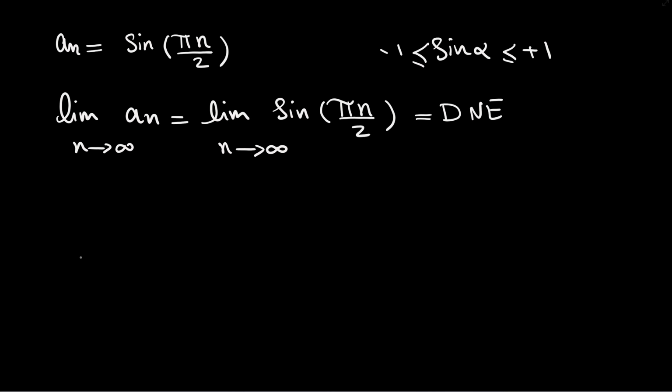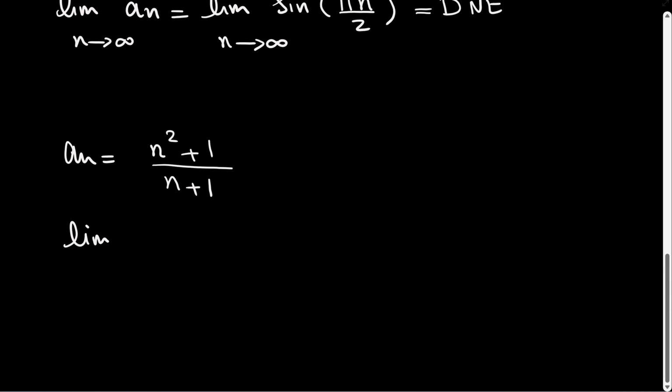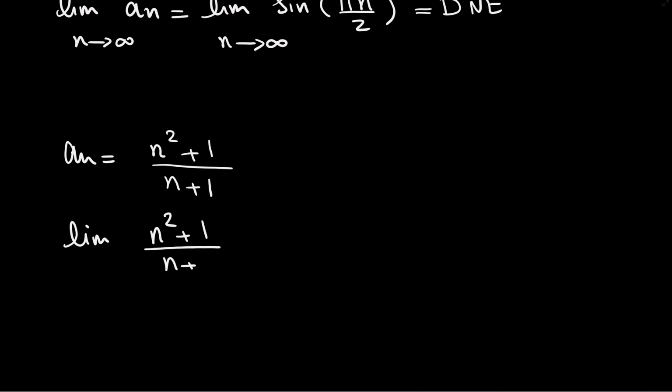How about if the question is the sequence n squared plus 1 over n plus 1? What is the limit for this sequence? Let's find the limit of n squared plus 1 over n plus 1 when n approaches infinity.